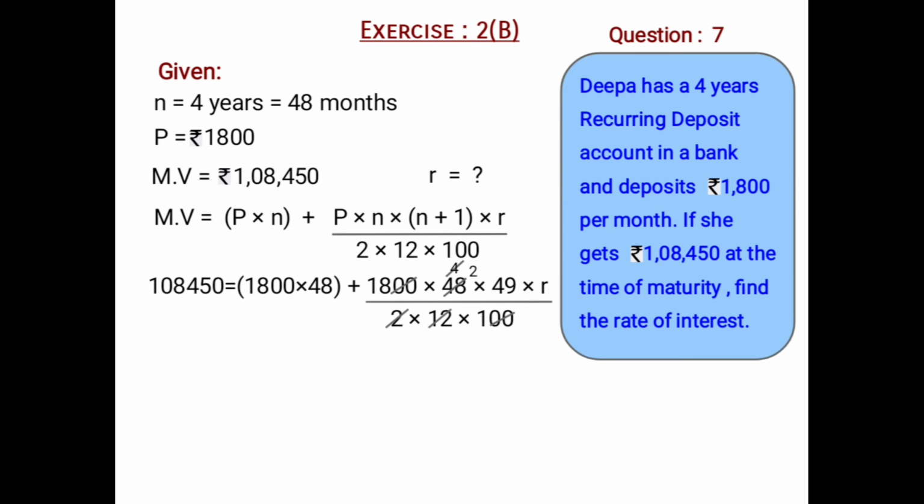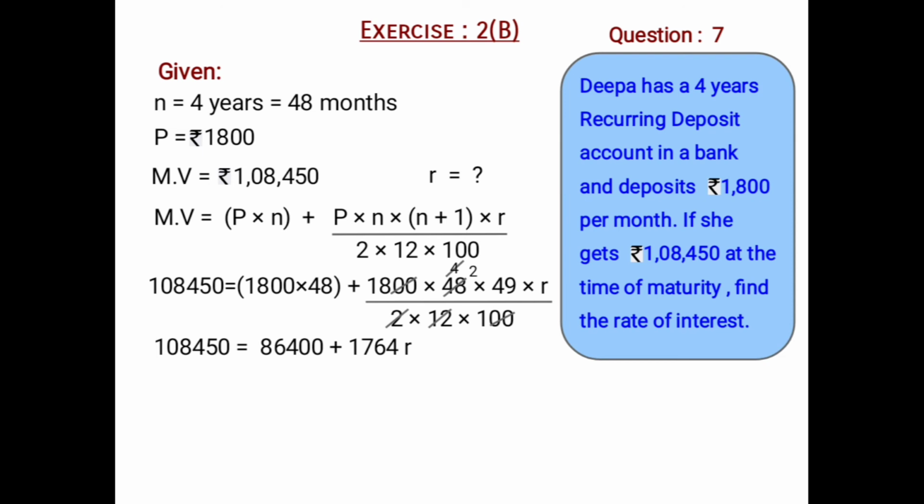After simplifying we will get 1,08,450 equals to 1,800 into 48, that is 86,400 plus 18 into 2 into 49 into R, that is 1,764 R.